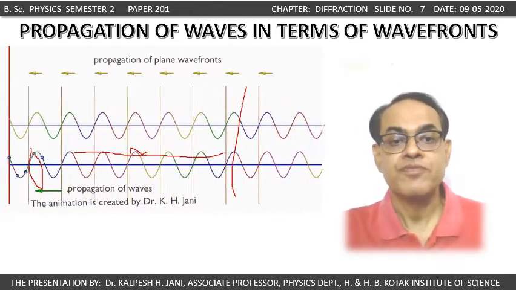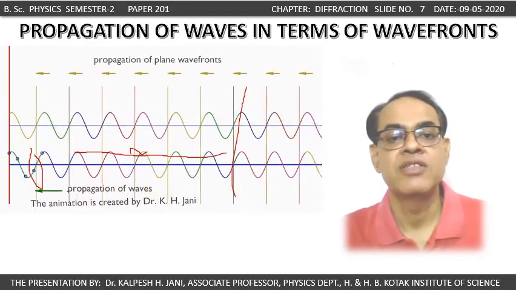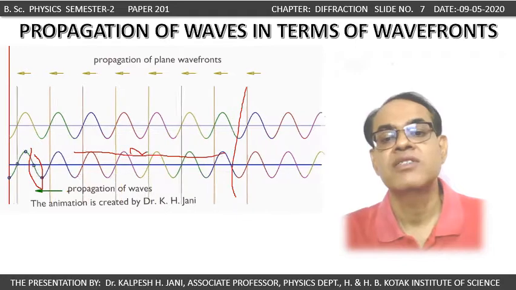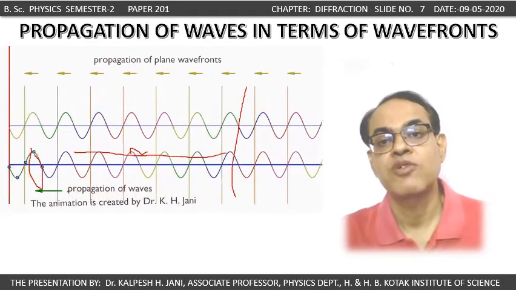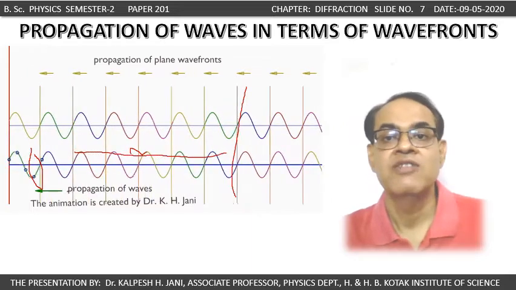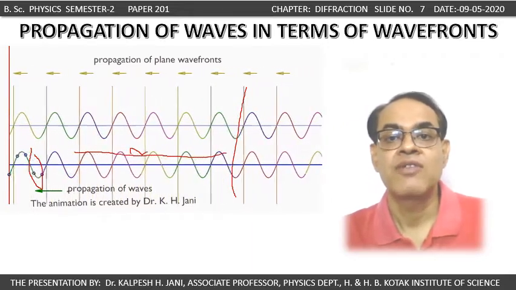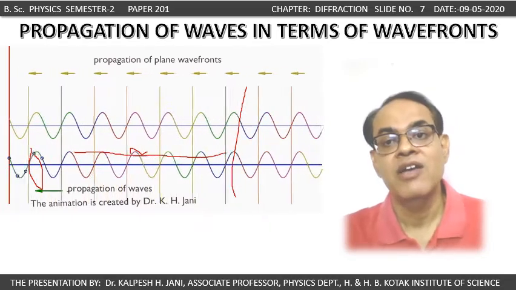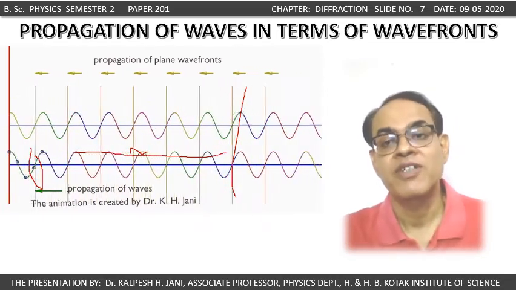So let me show you in the next slide. Now we can regard this wave propagation as the propagation of these wavefronts. So now we shall leave the idea of the conventional wave propagation, and go to the idea of the propagation of wavefronts rather.